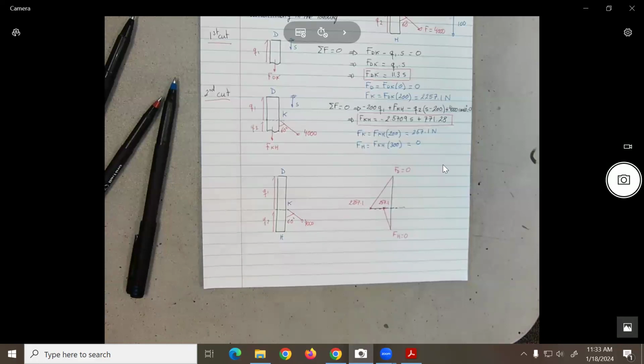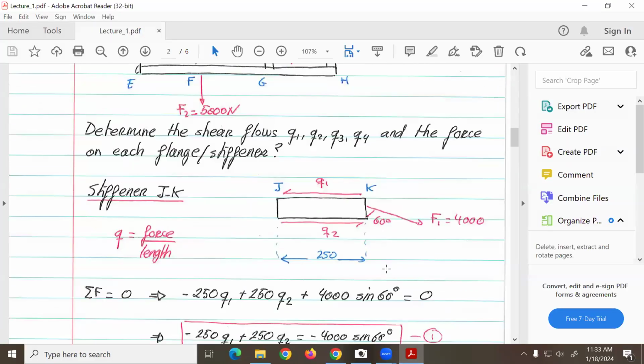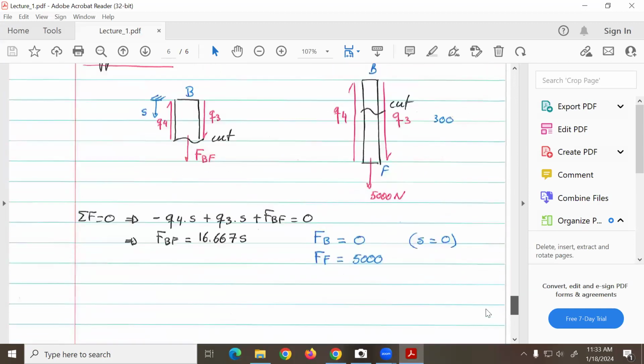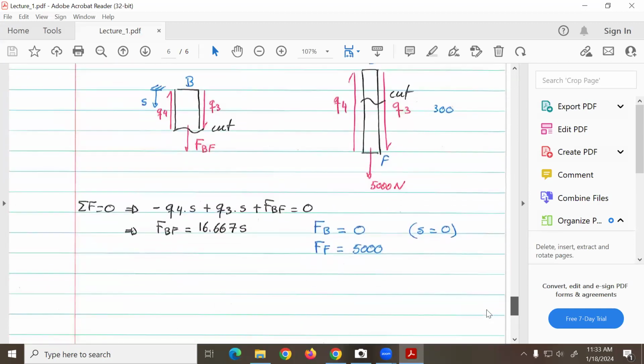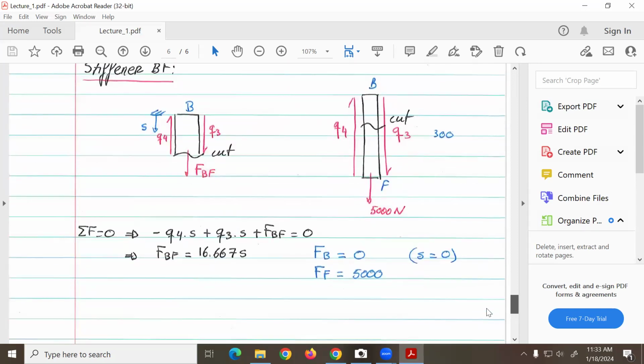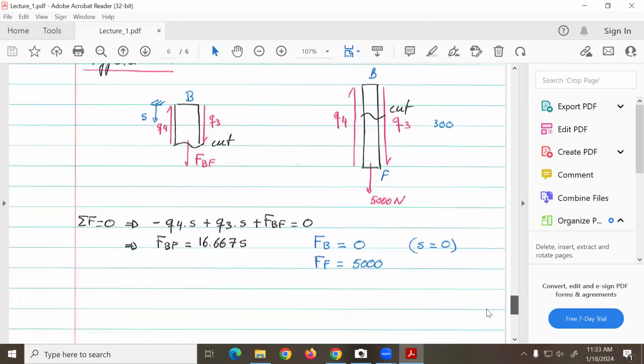Okay, so I think last time we did it for the stiffener BF, no? Oh, we didn't finish BF over here? Okay, so maybe go back over here to stiffener BF. Sorry for that. So this is the notes from the other day.